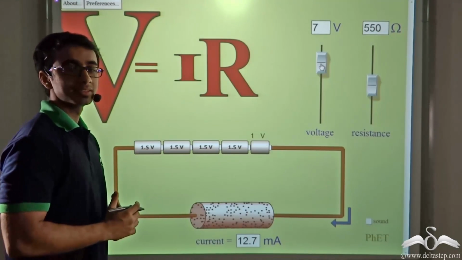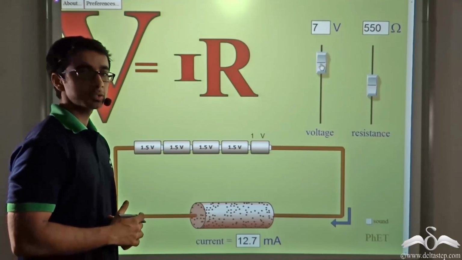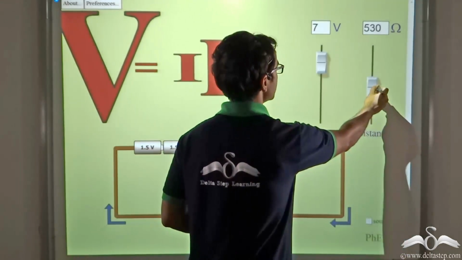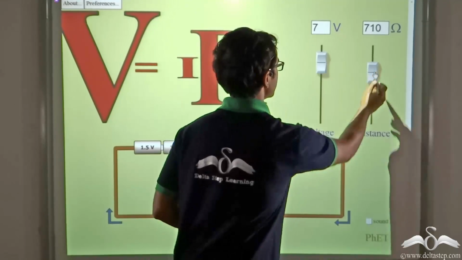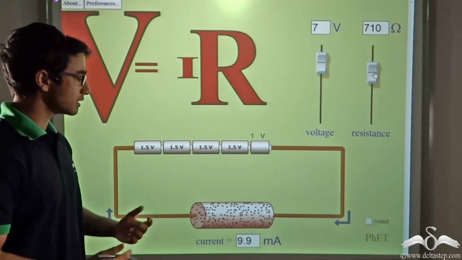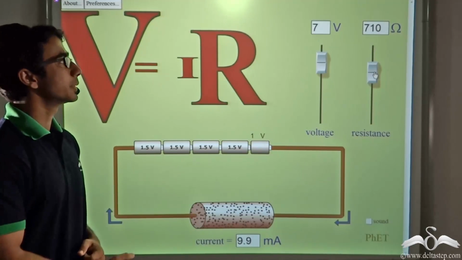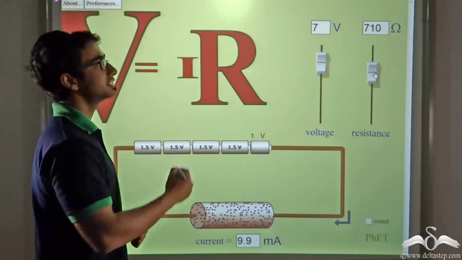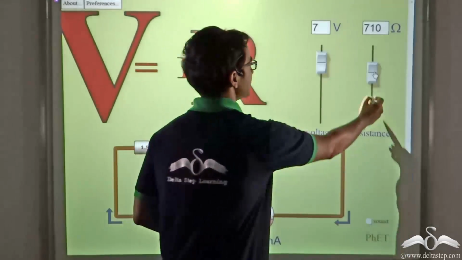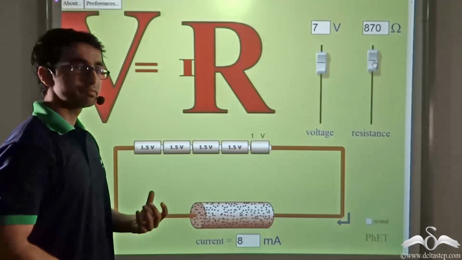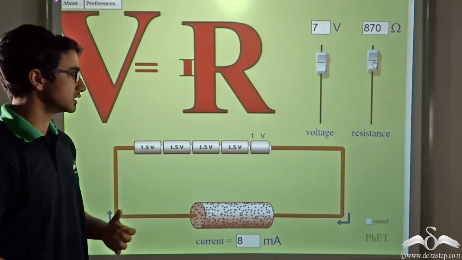If you recall that I is equal to V upon R, so for a fixed V, if I increase the value of R, obviously the value of current will decrease. So it has decreased to 9.9 milliamperes when I increase the resistance from 550 ohms to 710 ohms. If I increase the resistance further, you will find that the current decreases further.